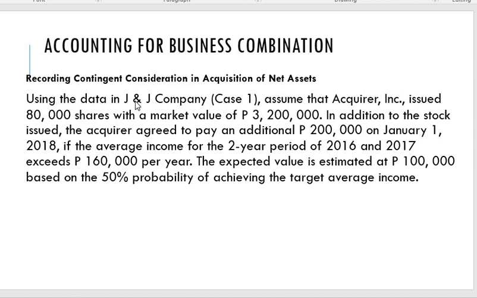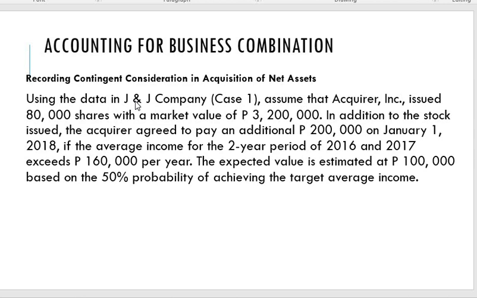So, yun, di ba, yung contingent consideration magdepende siya sa happening of a future event. So, if it so happened that the income of the year exceeds 160,000, then si acquirer will pay additional kay acquiree, no? Amounting to 200,000. But for recording purposes, the contingent consideration recorded on the date of acquisition will be based on the expected value, no?